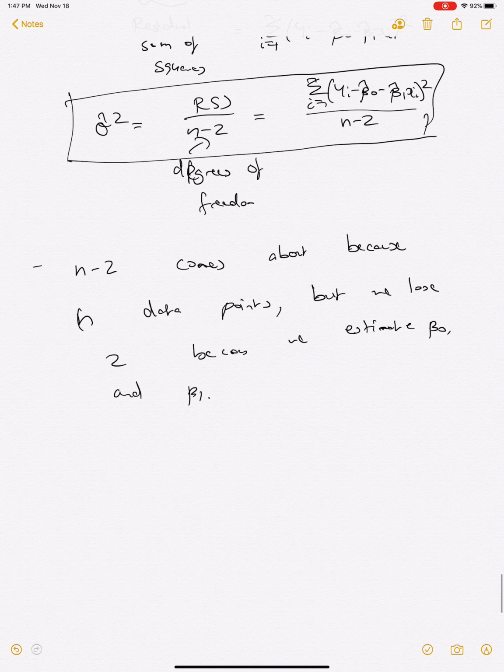Another way that you can try to think about this or figure it out yourself, which is something we did for one-way ANOVA, is to look at this expansion.